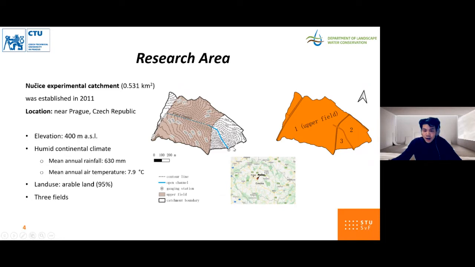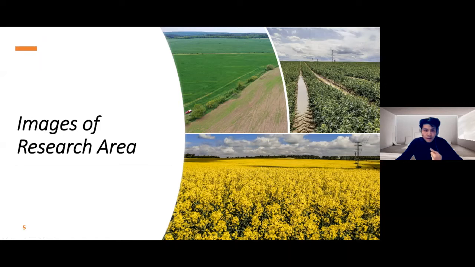Then I will show you some pictures of our study area to give you a better image of our catchment. In this one, you can see the landscape in our catchment has really homogeneous land management patterns. I would say it's a typical agricultural landscape in the Czech Republic, even in Central Europe.